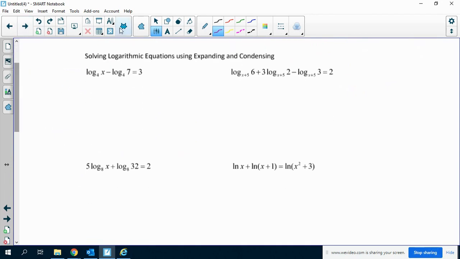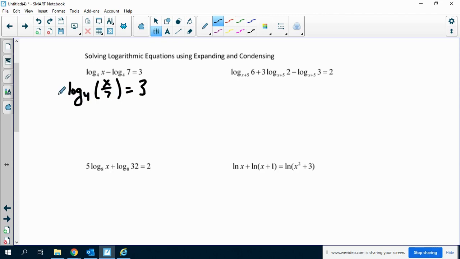A couple of log equations using expanding and condensing. So with this minus sign, I can divide. I can turn this subtraction of logs into a division on the inside.